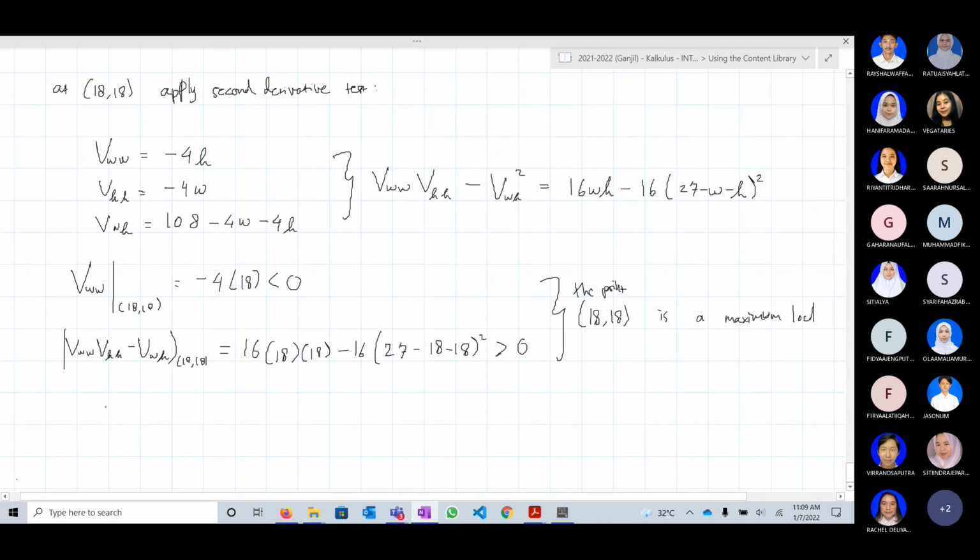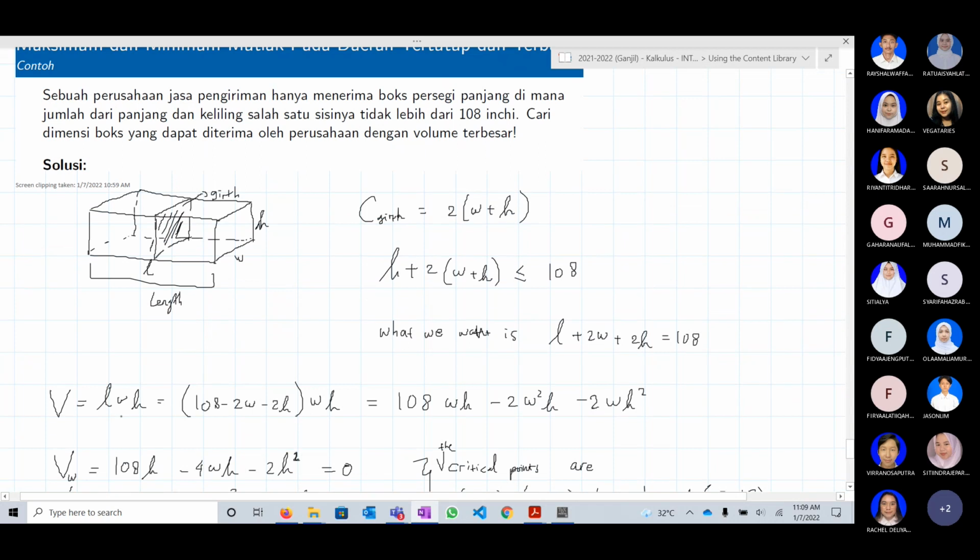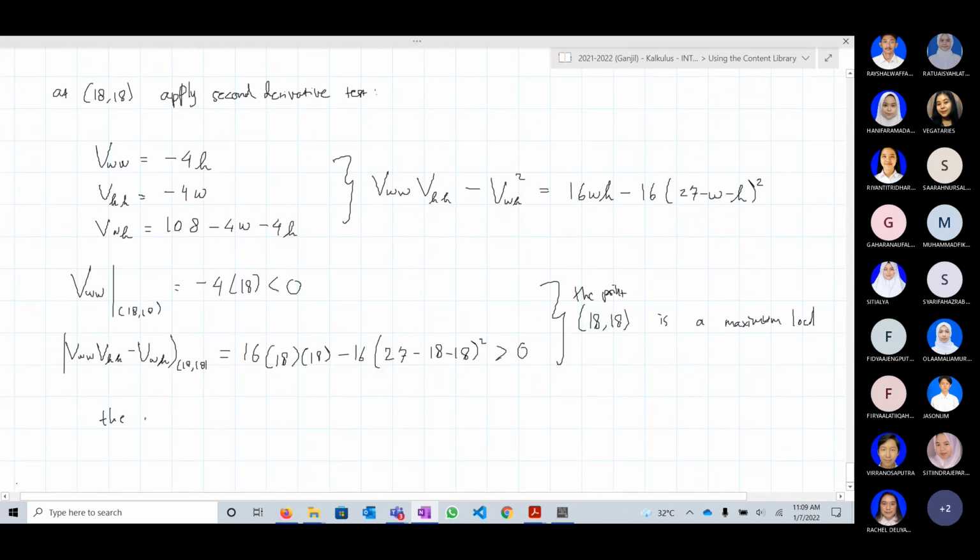Then we have that the dimension with the highest volume is: the length is 36 inch, the width is 18 inch, and the height is also 18 inch.